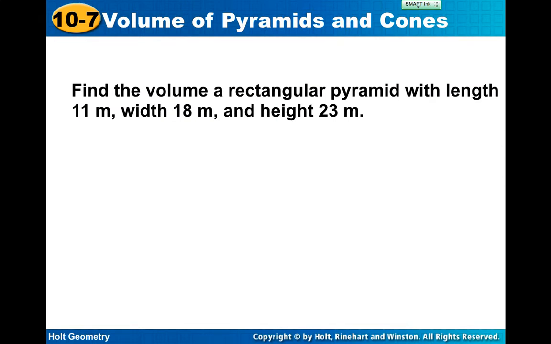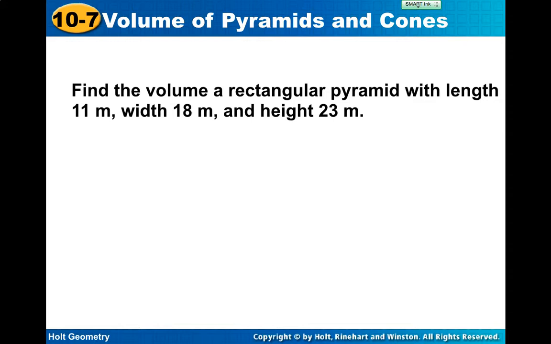It has a length of 11, a width of 18, and a height of 23, but it's a pyramid. Not a square base, but a rectangular base. Measurements 11, 18, and the perpendicular height is 23.